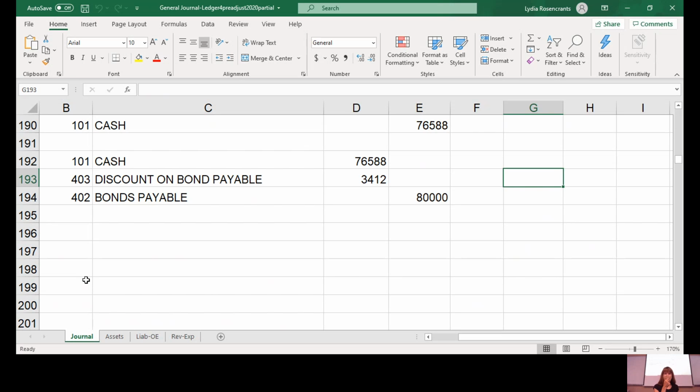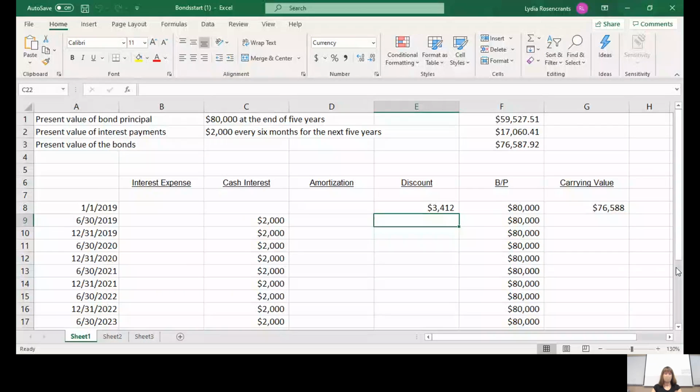Beyond that, the only entries that have to be made in the first year are the two interest payments, one on June 30th, one on December 31st. So let's go to our spreadsheet. Now, interest expense.